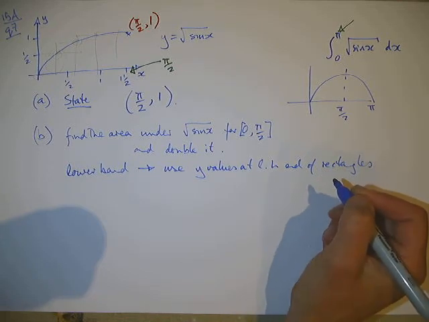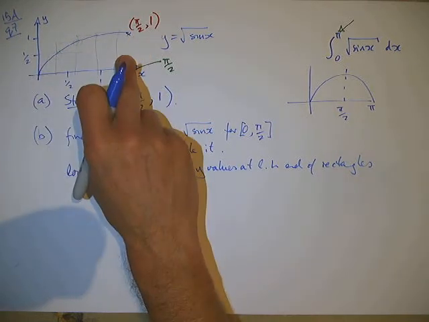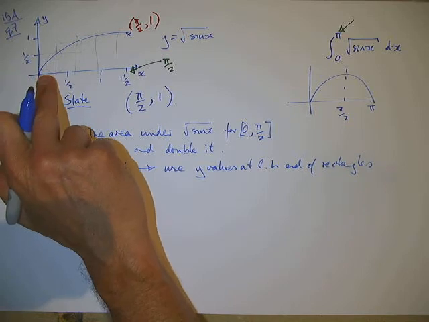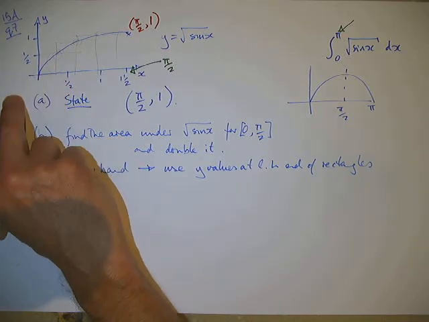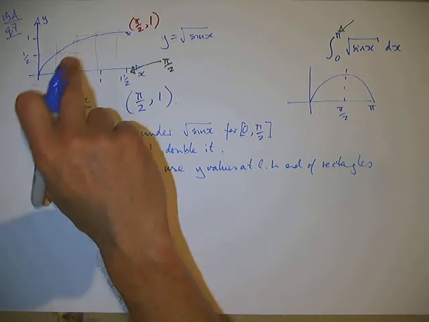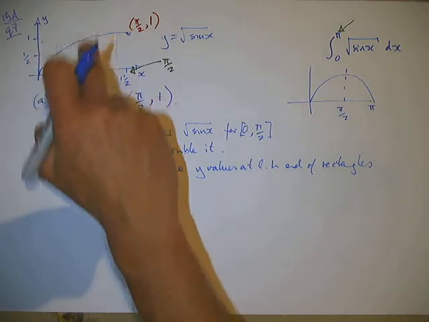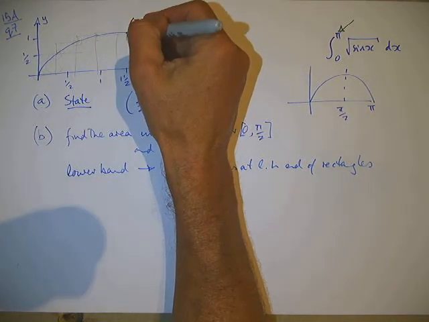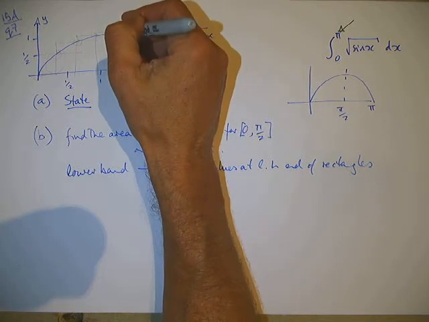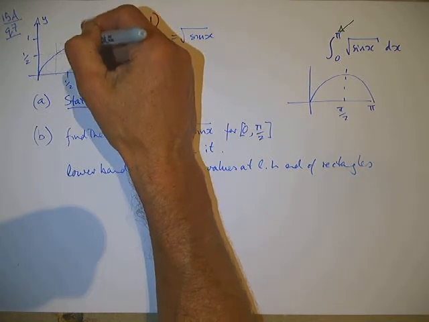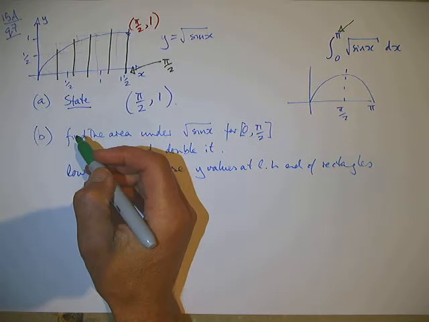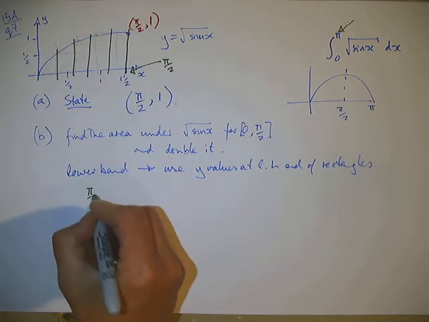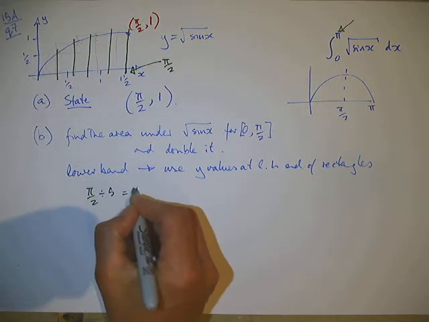One last sneaky thing here. Between 0 and pi by 2, if I'm using the left hand end of rectangles, notice this first rectangle doesn't have a height. Arguably, if I did 1, 2, 3, 4 strips, the first one's not a rectangle. So if we split it into 5 equal width strips, pi by 2 divided by 5, pi by 10.